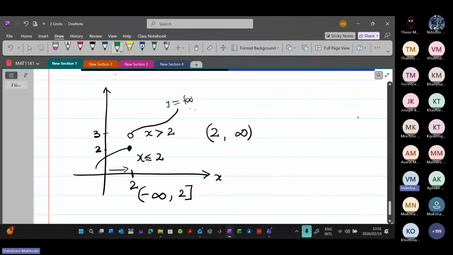So if we use this diagram which I drew explaining something to one of you who asked me a question regarding why we have a solid dot here and just a small circle up there to indicate that we are talking of intervals.